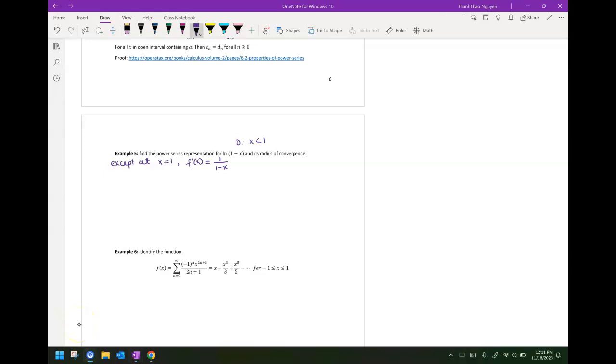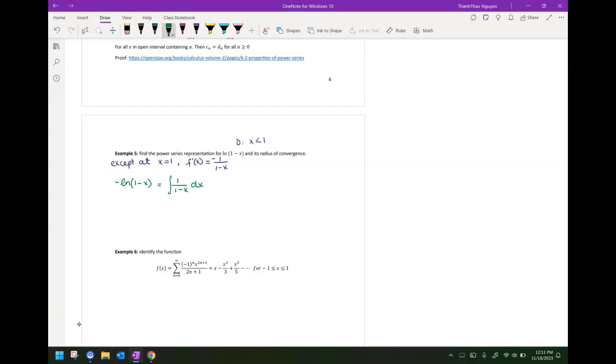We missed a negative here. So let's start with negative ln of 1 minus x. This is the integral of 1 over 1 minus x dx.